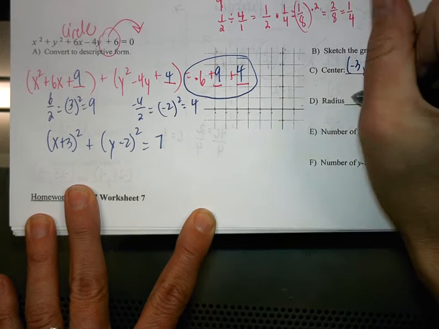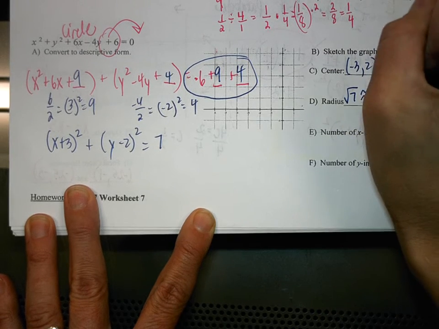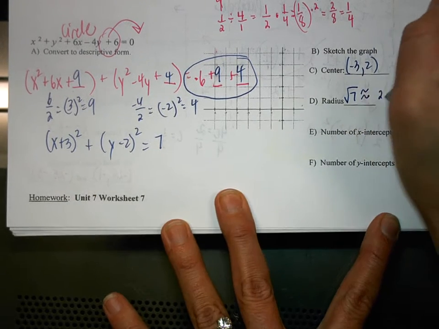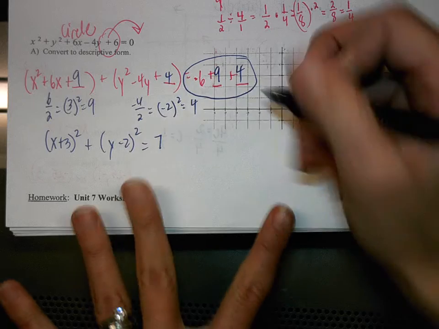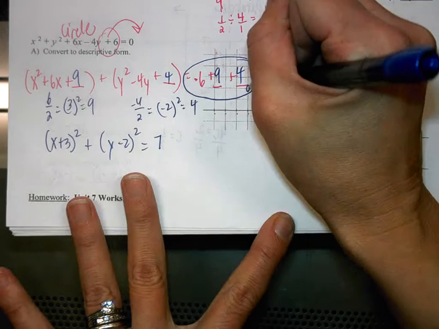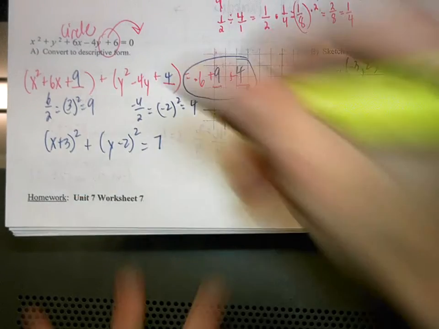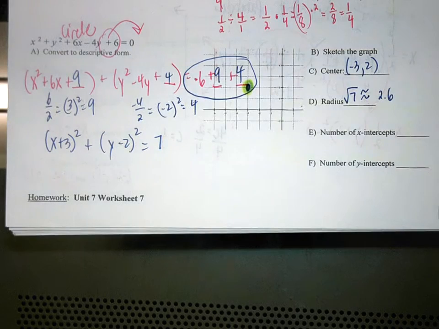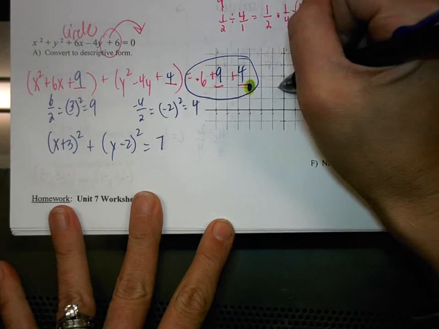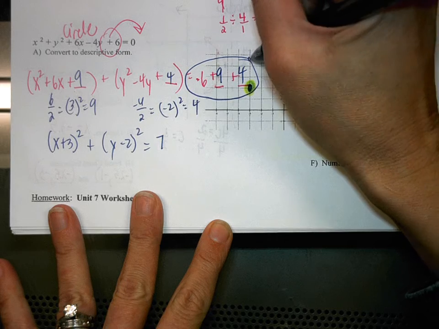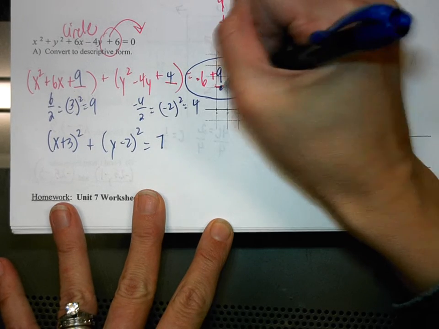Square root of 7, which is approximately equal to 2.6. Okay, I know I'm going fast. I'm very sorry. Negative 3, positive 2. This is my center, and I wrote too far on this. That's my center. And we're going to go 2.6 in each direction. So about 2.5, I'm just going on my graph in each direction.